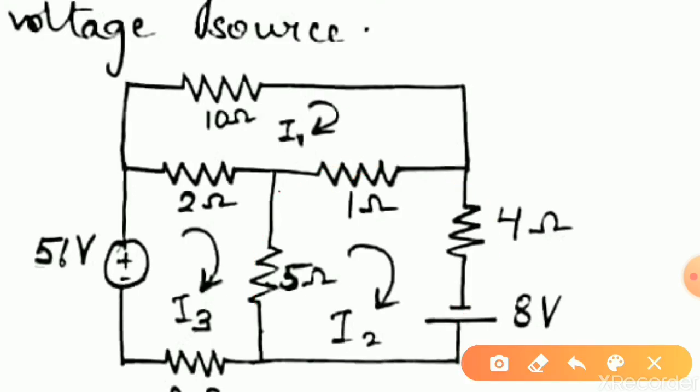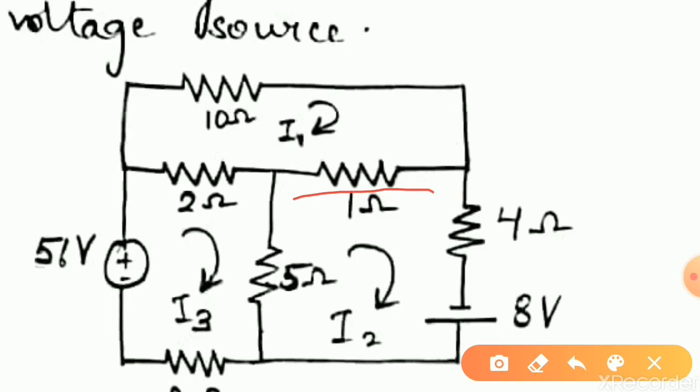When the second loop current enters the 1 ohm resistor, it has one more current flowing through it, that is I1. When we talk about loop equation 2, I2 is the major current. So when we write KVL for the 1 ohm resistor, it is plus 1 into I2 major current minus neighboring current I1.